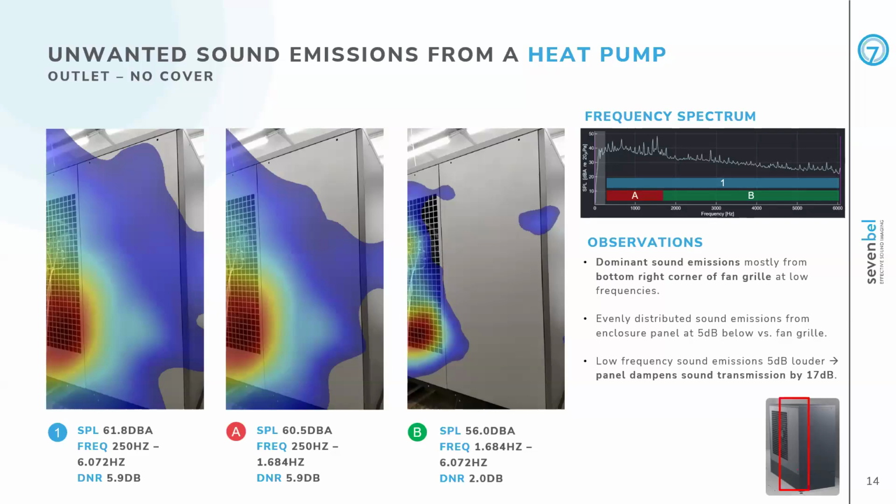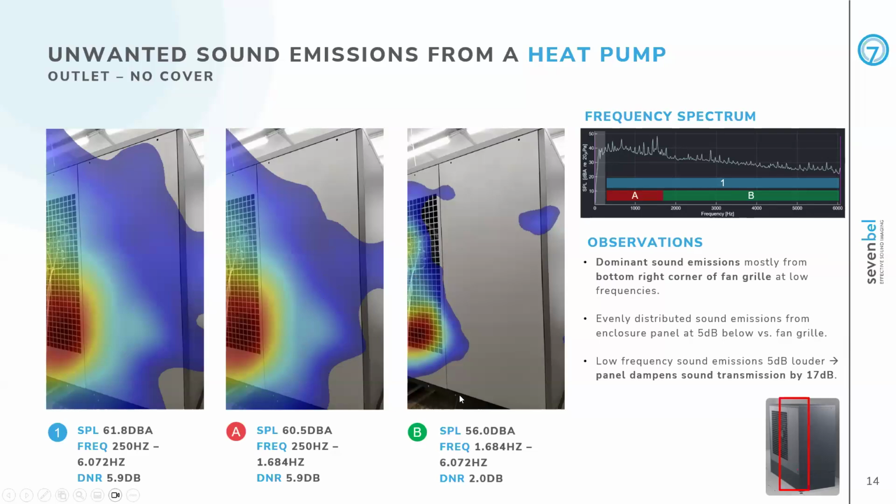Again, image number 1 shows us 250 hertz to 6 kilohertz, but now most of the noise seems to be coming from the bottom of the fan grill. Lower frequencies behave in the exact same way, most of the noise coming from the bottom of the fan grill, but you might also start to notice that there is some radiation by the case panel covering the compressor.